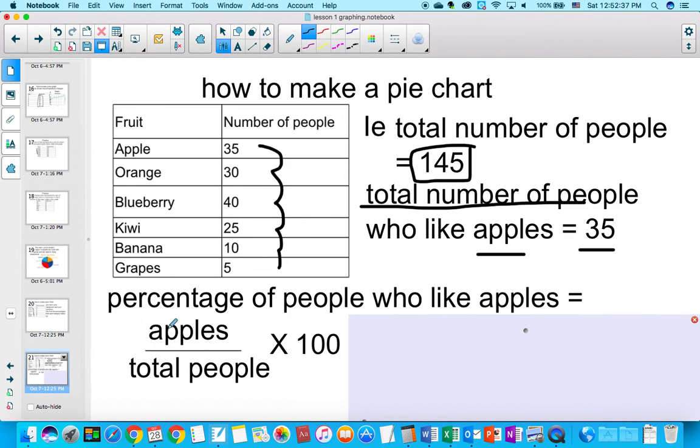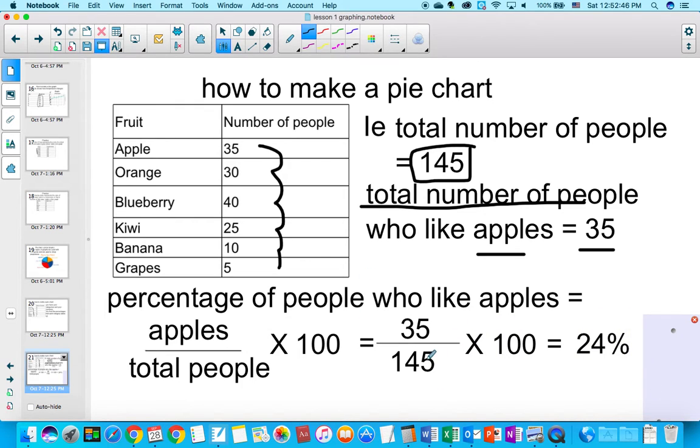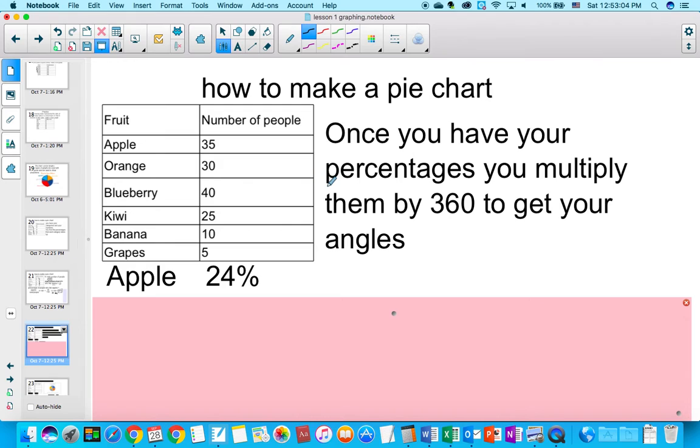So we have apples, which would be 35 over total number of people, which would give you 35 over 145. Then you multiply that by 100. So you put that in your calculator, 35 over 145, then multiply that by 100, and you end up with 24%. Right? As a decimal, that would be 0.24. Right? And once you have your percent, you multiply them by 360 to get your angle.